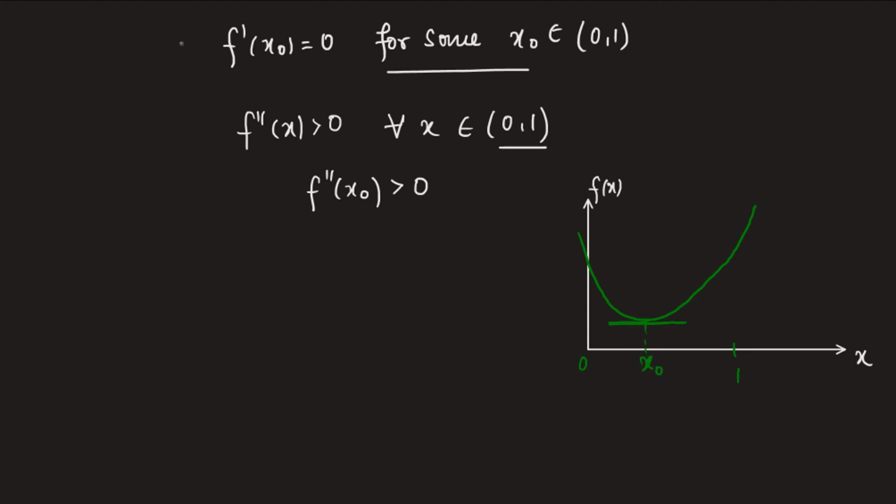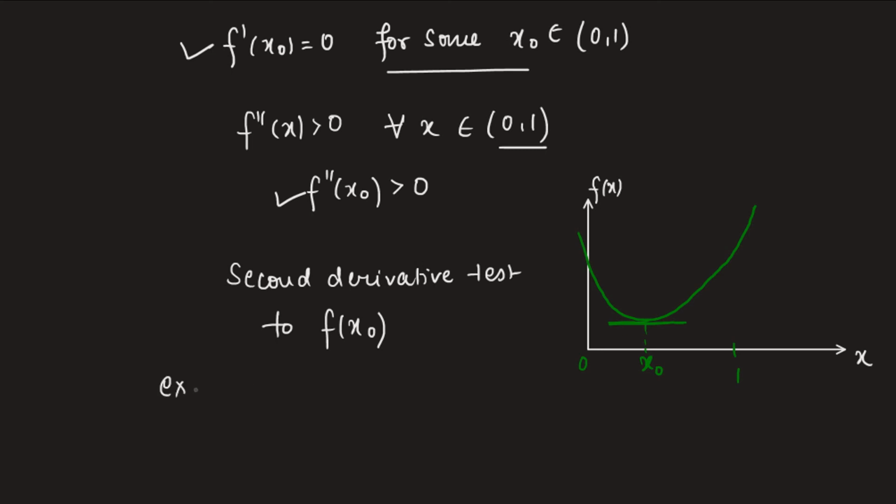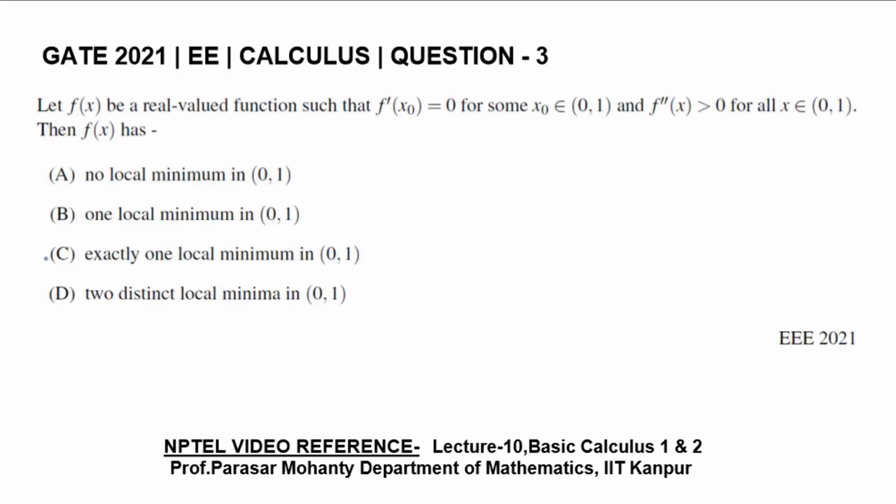So by these two conditions we can apply second derivative test to the function f(x) at x equals x0, and since only one such x0 exists between 0 and 1, we have exactly one local minima in (0, 1). So the correct answer to this question is option C, that is exactly one local minimum exists for this function in (0, 1).